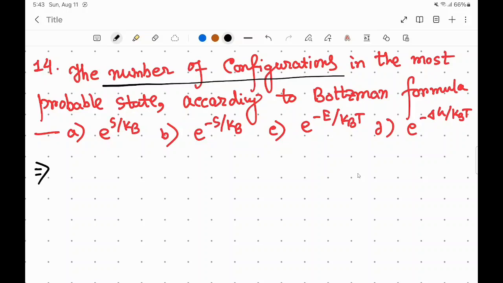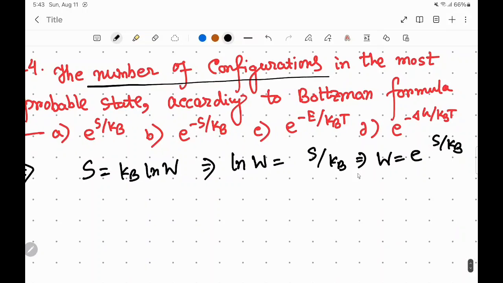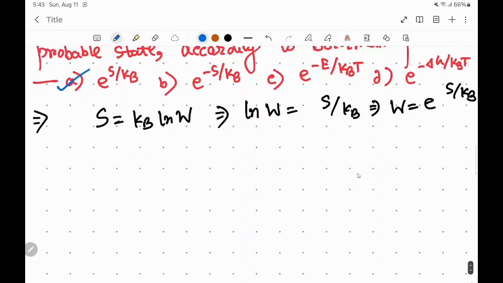It's very straightforward. You just know that S equals k_B ln W. This is true always. So if S is k_B ln W, then ln W will be S by k_B, so W is e to the power S by k_B.